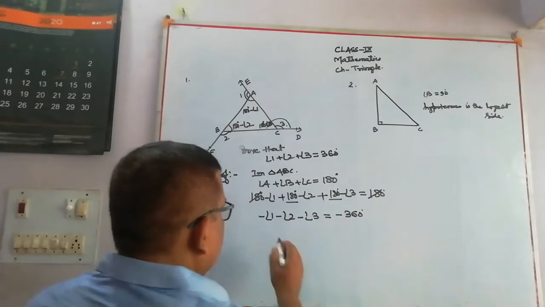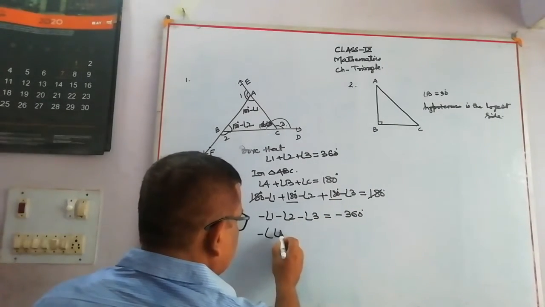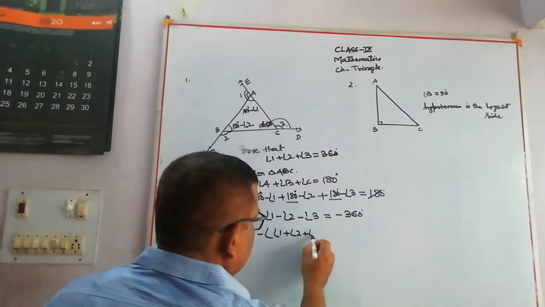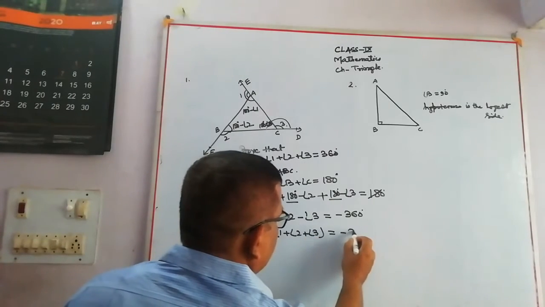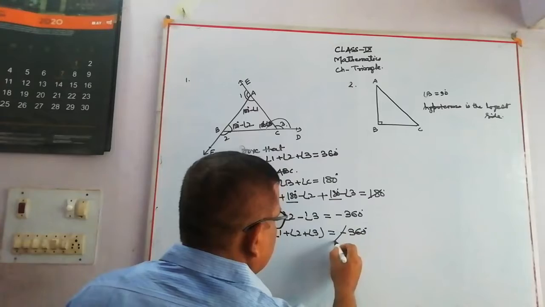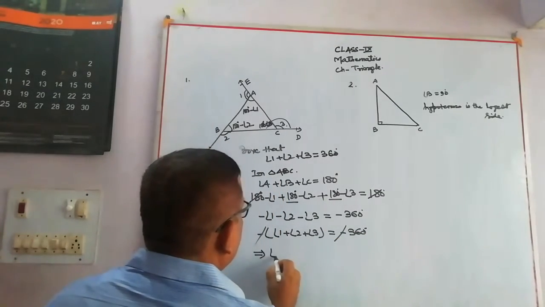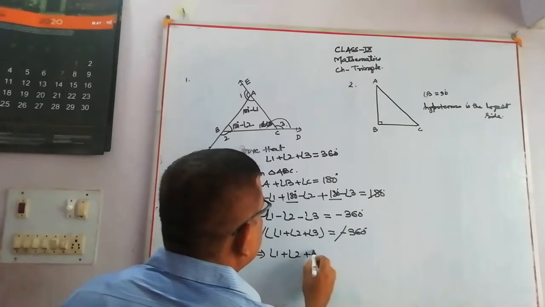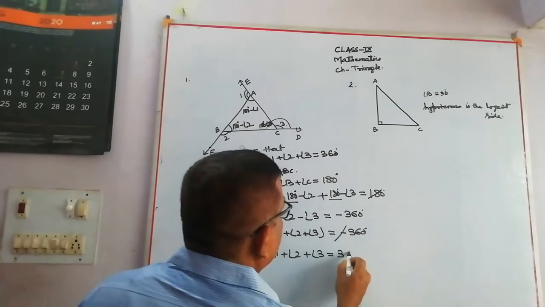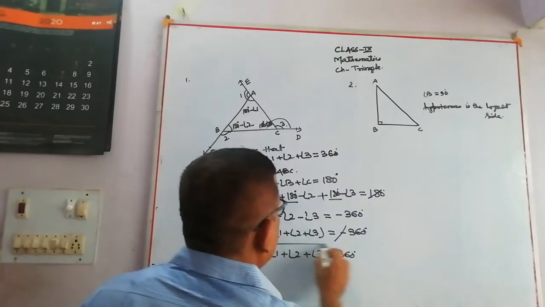Minus is common: angle 1 plus angle 2 plus angle 3 is equal to minus 360 degree. Minus cancels. That is angle 1 plus angle 2 plus angle 3 is equal to 360 degree. And that proves it.